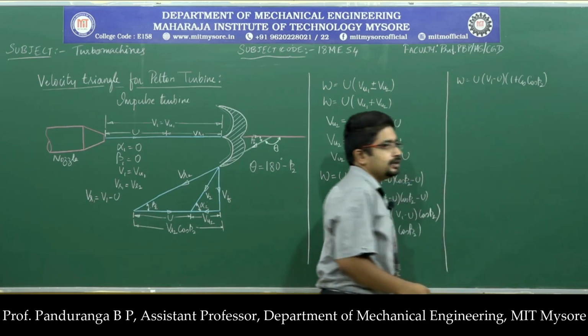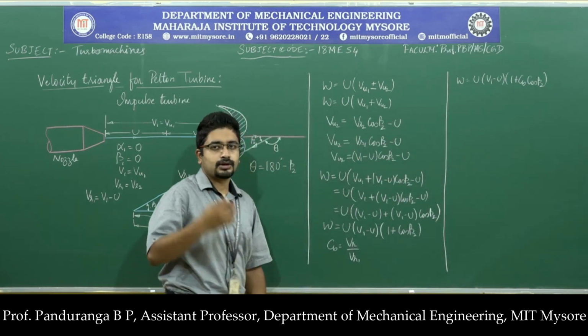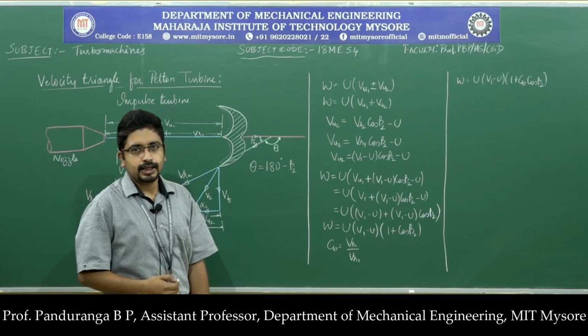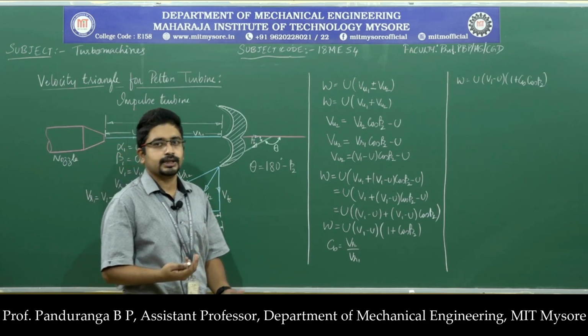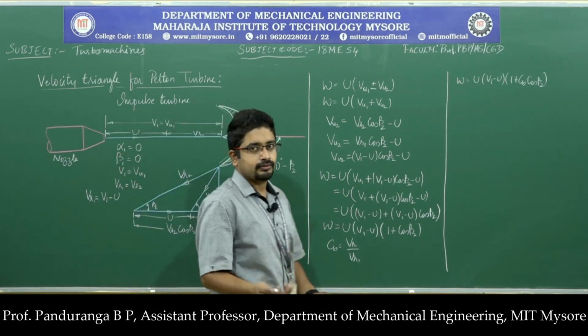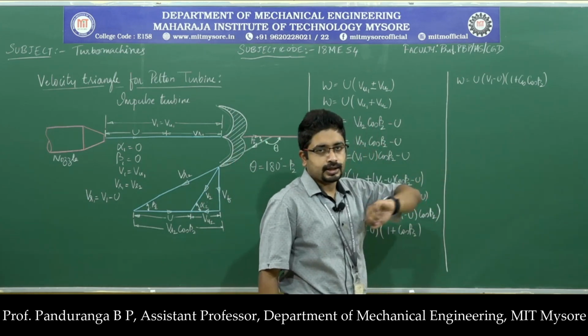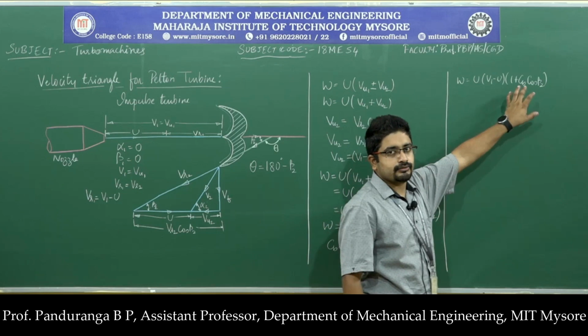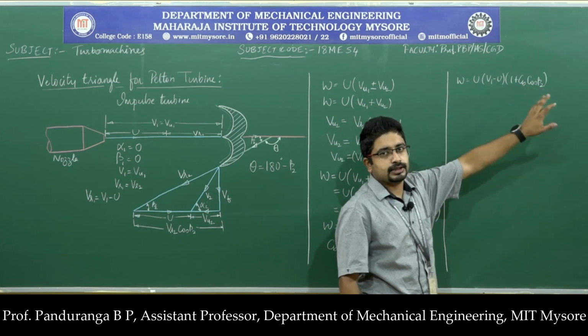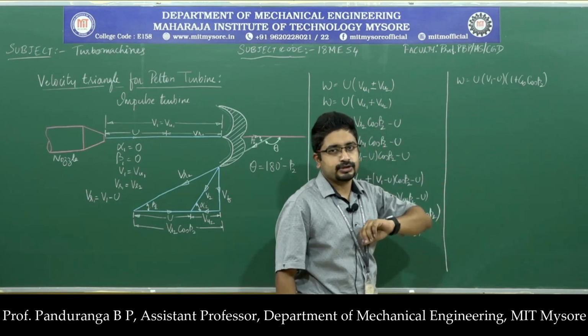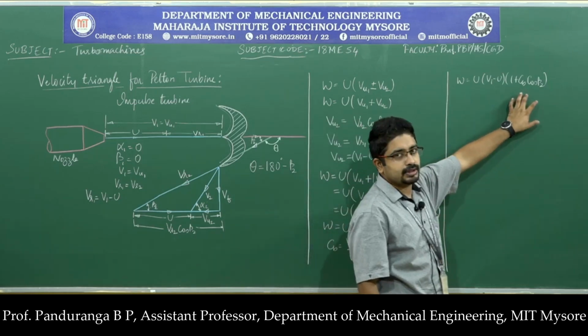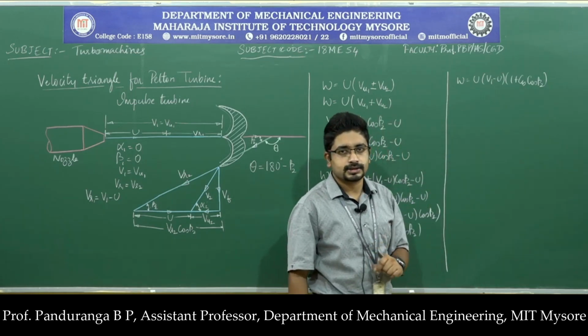We had used CB into K, but K was cos beta 2 by cos beta 1. In this case cos beta 1 is cos 0, which is 1. So we have only cos beta 2, we are not using K. But if you remember that we had multiplied CB with cos beta 2 by cos beta 1, so I am multiplying the same here to consider the losses.